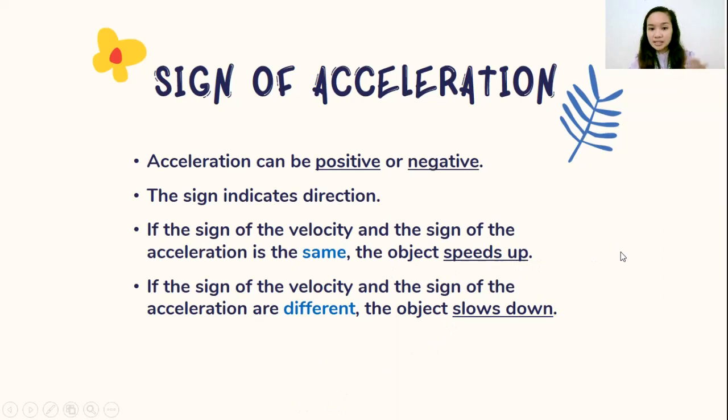While if the sign of your velocity and the sign of acceleration are different, the object slows down. Usually, if your velocity and acceleration are not in the same direction, the object slows down. So that's the importance of positive and negative when we are determining your acceleration.